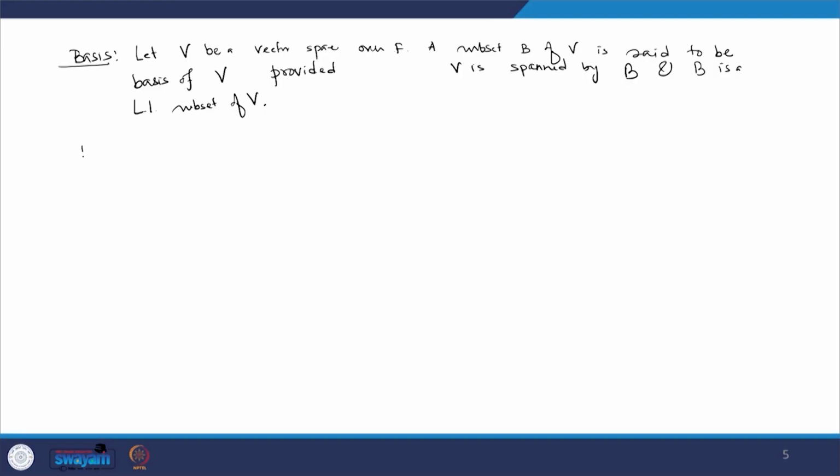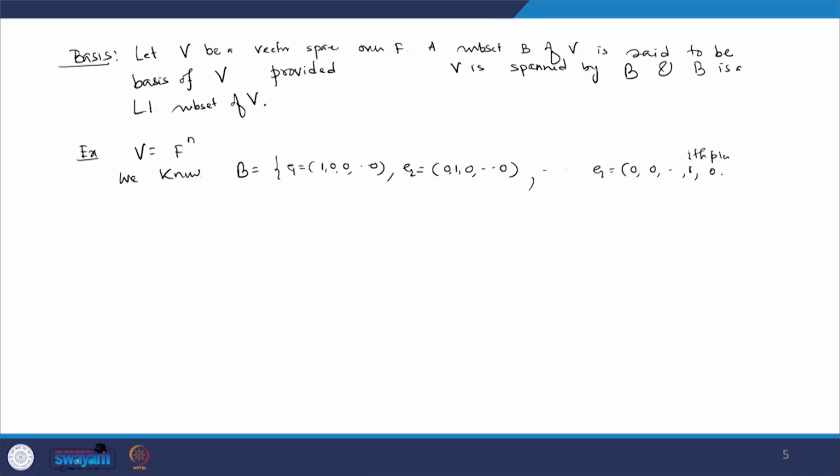So, for example, V is equal to Fn. We know the collection B is equal to E1 equal to (1, 0, 0, ...) and E2 equal to (0, 1, 0, ...), and then Ei, which I have already defined, (0, 0, ..., 1 at the ith place, ..., 0), and then En equal to (0, 0, 0, ..., 1).